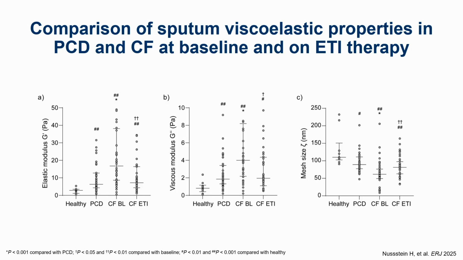In PCD, G prime and G double prime significantly increased compared to healthy, and the mesh pore size correspondingly decreased. In CF at baseline, these values were even higher compared to PCD, and in response to ETI, the viscous and elastic moduli were reduced to levels comparable to PCD, and that was also observed in the mesh pore size.